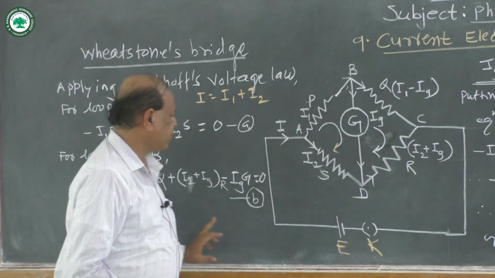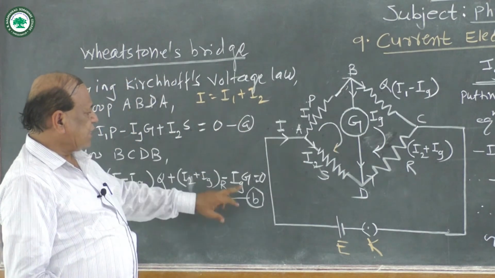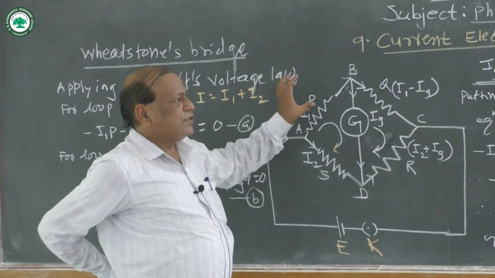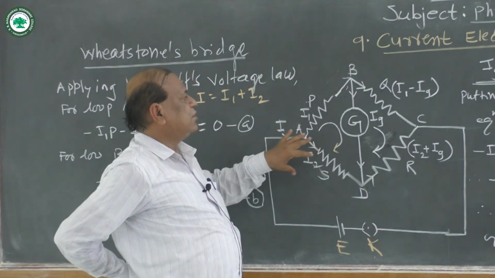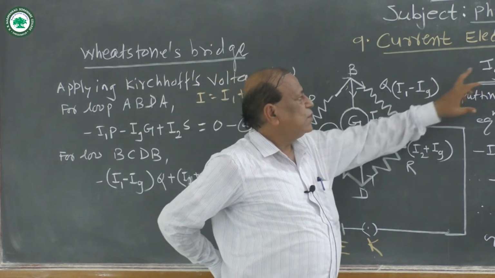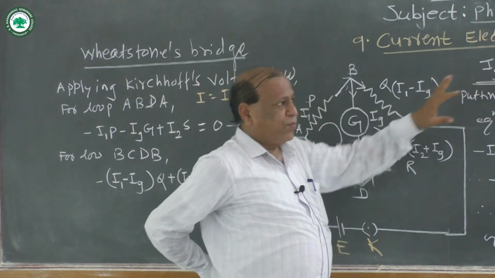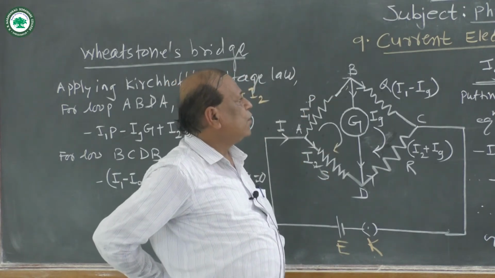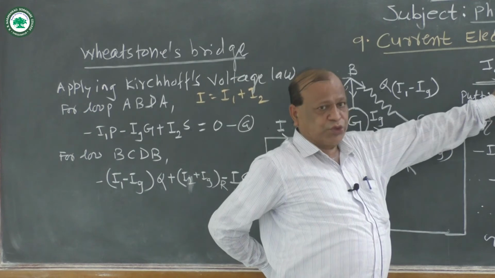This is equation A and this is equation B. For balancing this network, the current flowing through the galvanometer must be 0. Make some adjustment in these 4 resistors. We get Ig is equal to 0.